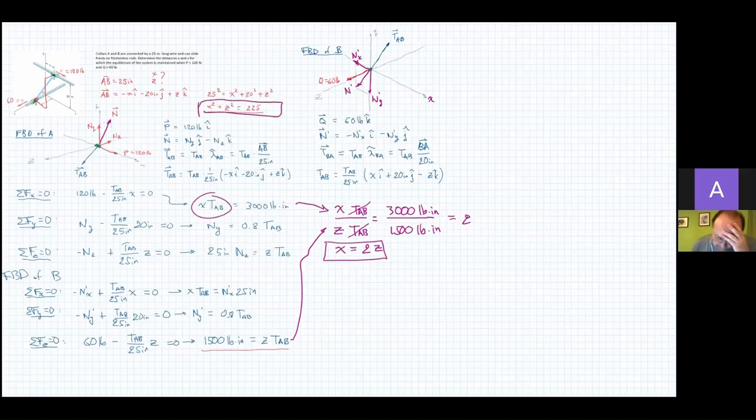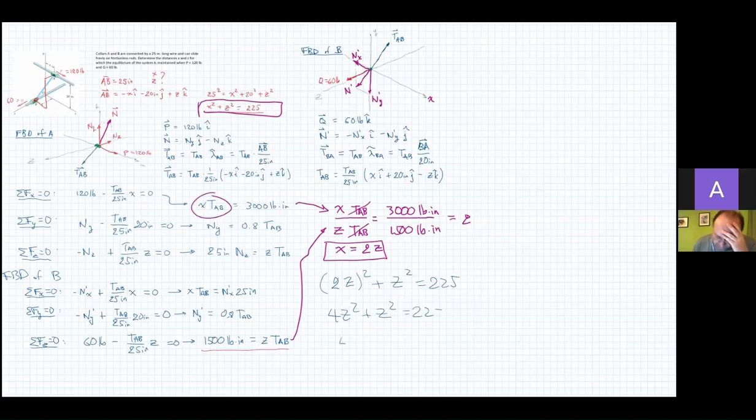So x equals 2z, so 2z squared plus z squared equals 225.